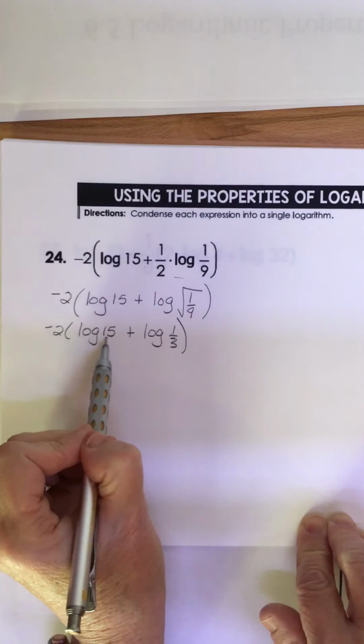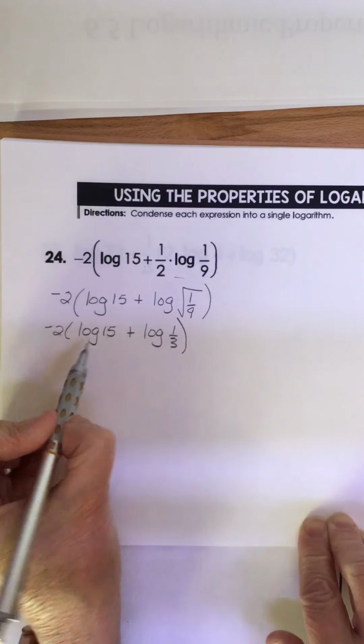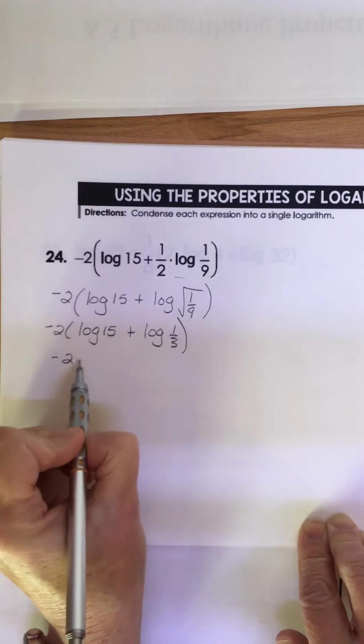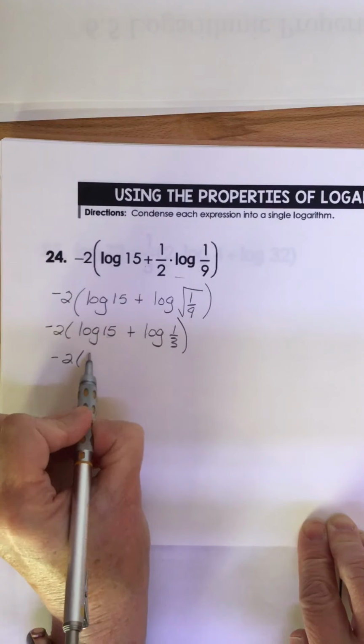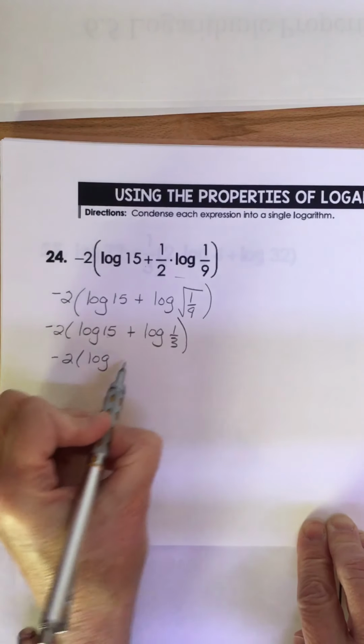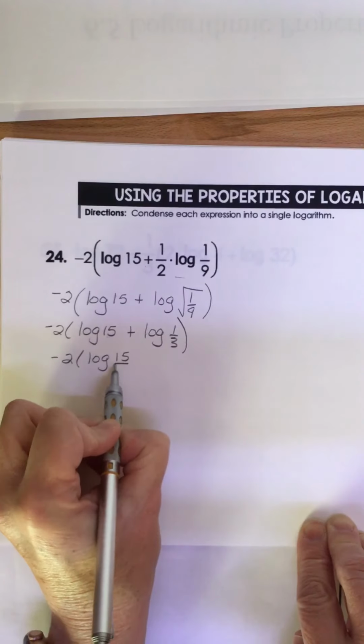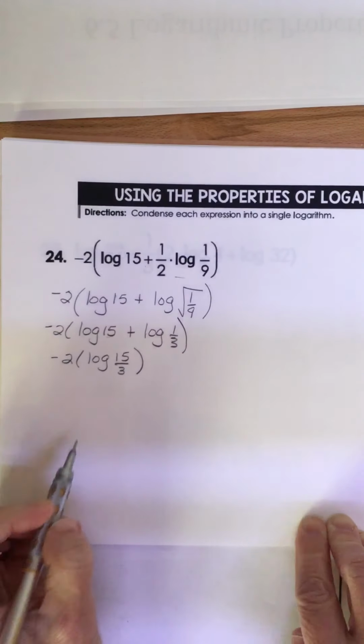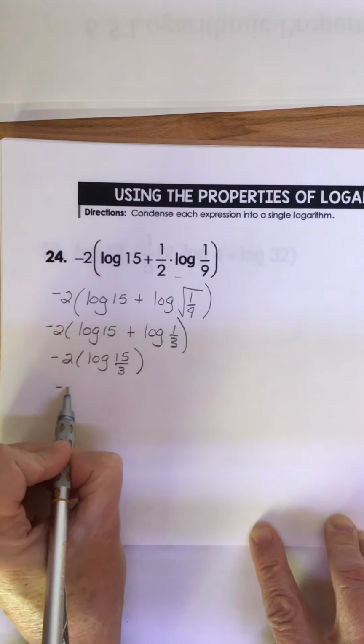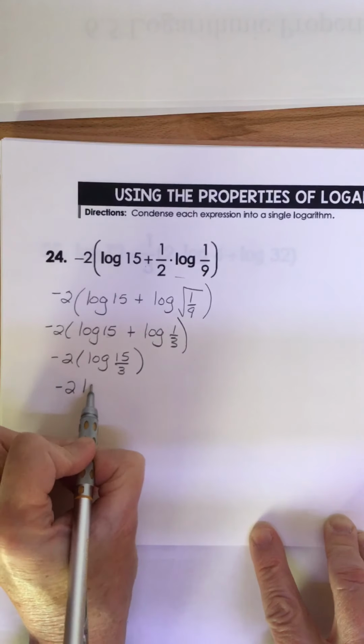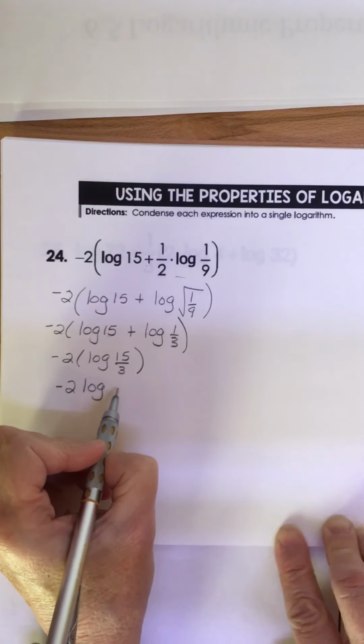And so now we end up multiplying this. Some of you guys, I know that you could probably skip steps, but I want to show each step right here. So now we have -2 times log of 5.